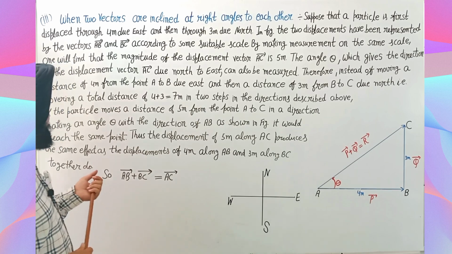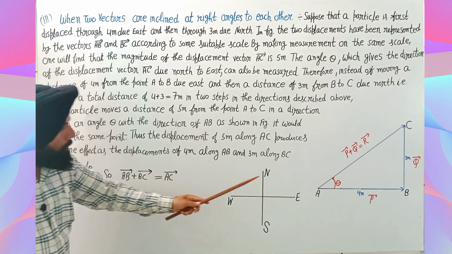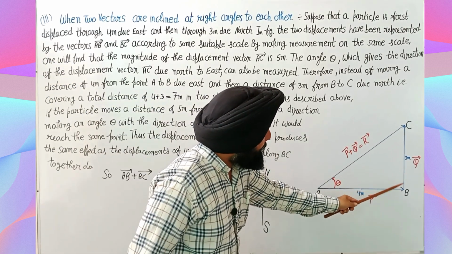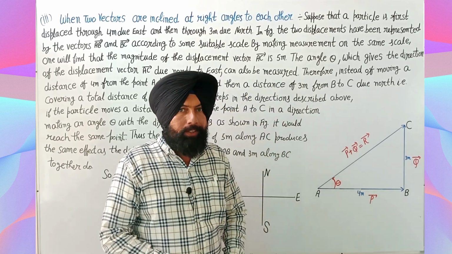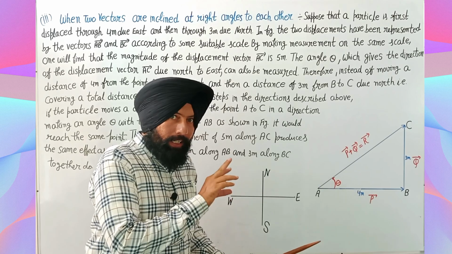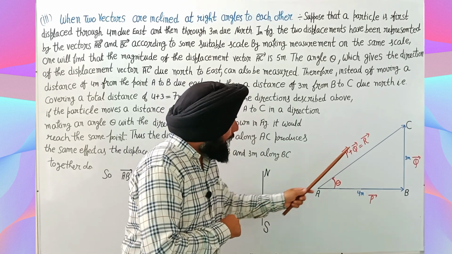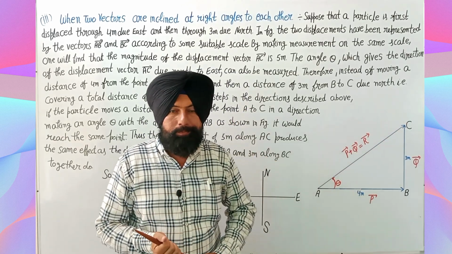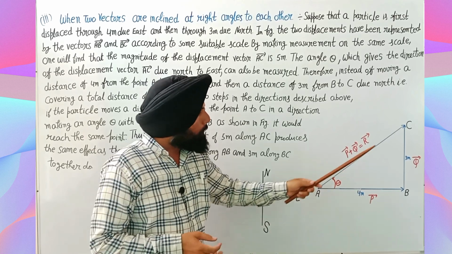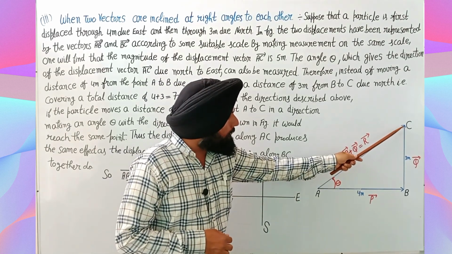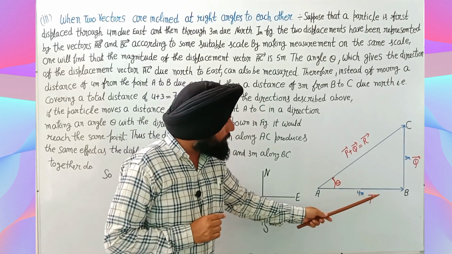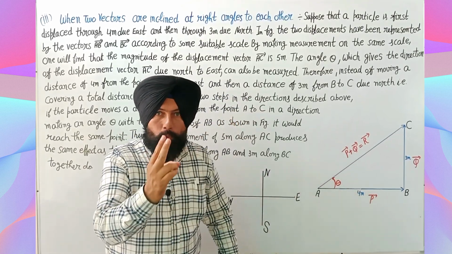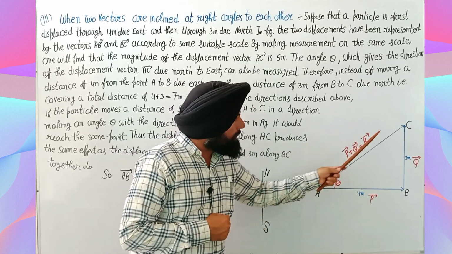So students, from A to B, B to C in 2 steps, the resultant is equal to A to C, because the particle reaches the same point C, whether it covers the distance in 2 steps or in a single step.